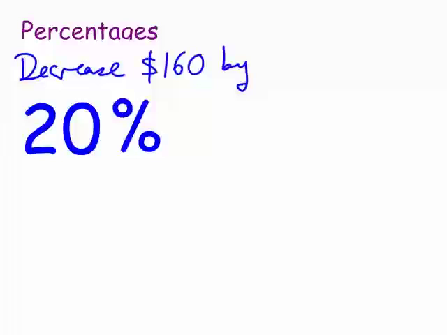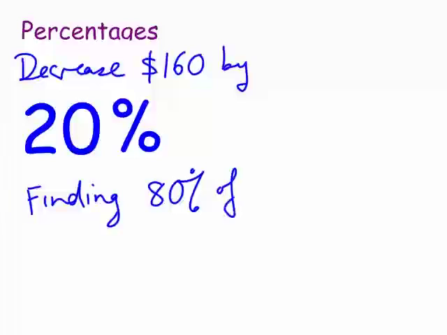If you decrease something by 20%, you're really finding 80% of the amount, $160, because you've taken off 20%. So when you are decreasing something by a percentage, you are trying to work out what is left, building that up to 100%.